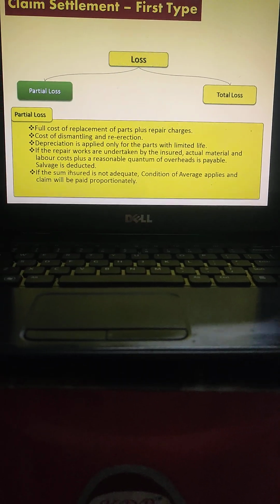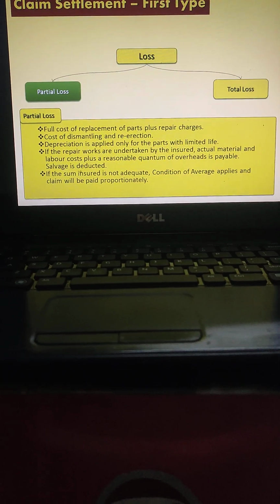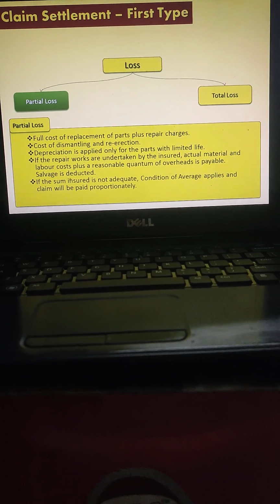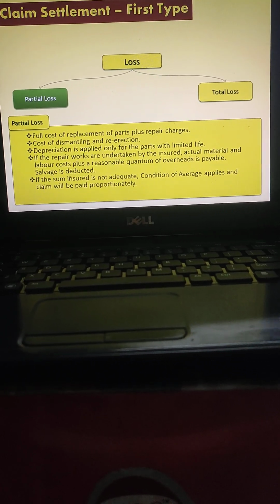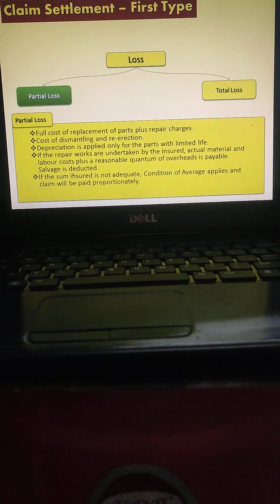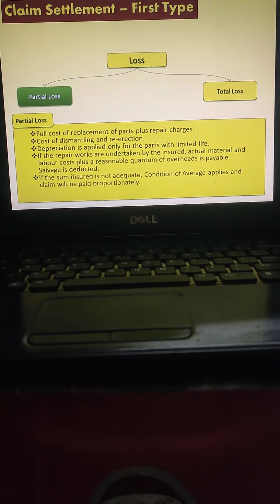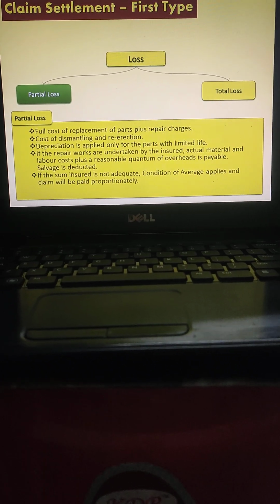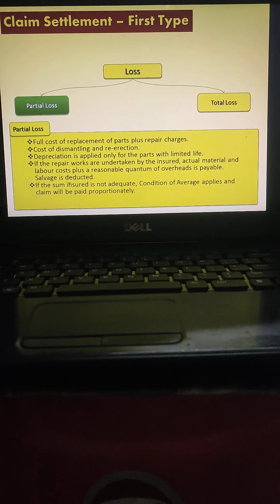As far as claim settlement is concerned, it could be of two types. In case of partial loss, the insurer will provide full cost of replacement of parts plus repair charges, then cost of dismantling and de-erection. Depreciation is applied only for the parts with limited life. If the repair work is undertaken by the insured, actual material and labor cost plus a reasonable quantum of overhead is payable, salvage is deducted.